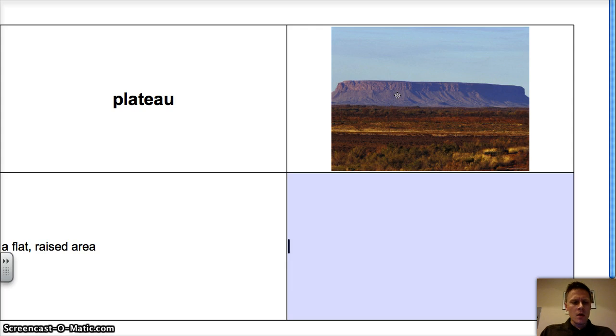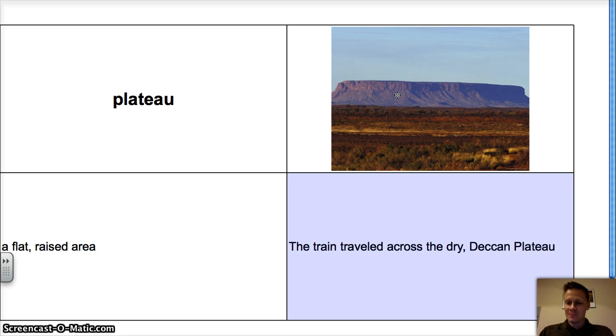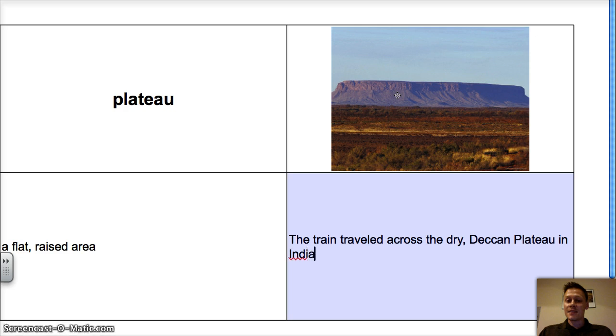But a sentence we can do: the train traveled across the dry Deccan Plateau in India. Now, this is actually one of the different regions that we will be studying, so very important for you to begin to understand the plateau and also start thinking about the Deccan Plateau.